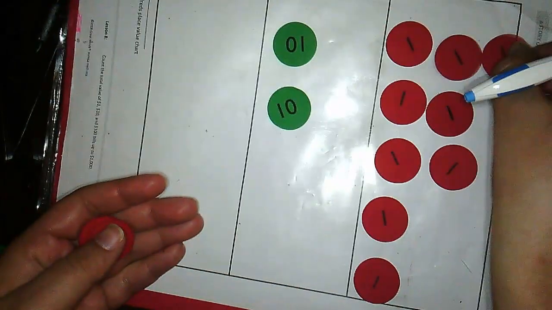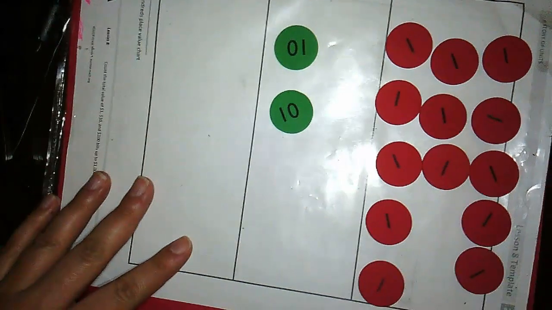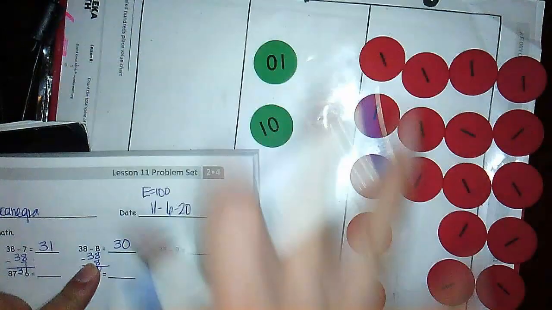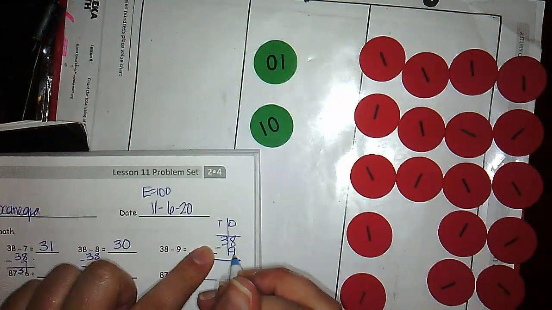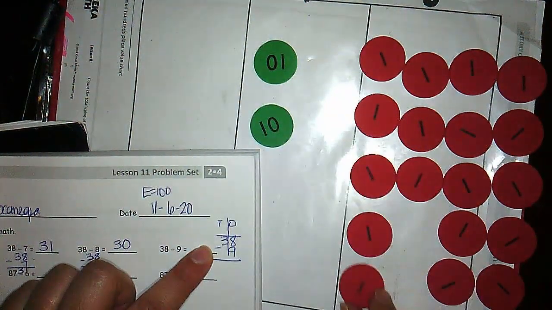I go 1, 2, 3, 4, 5, 6, 7, 8, 9, and 10. Stop right there. And I want you to get your paper, because what you do here, you have to do here.